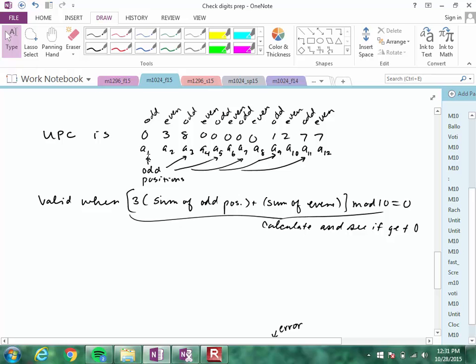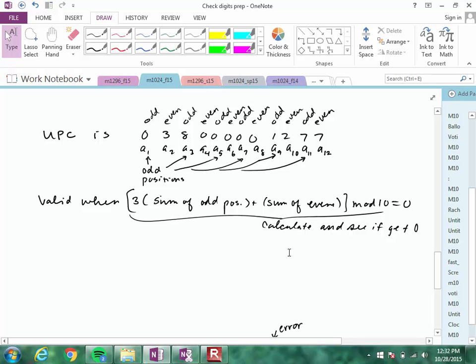It's not the odd numbers. For example, 8 is in the 3rd position here. Is 8 odd or even? 8 is an even number, but it's in the odd position because it's an a sub 3. Does that make sense? Because that's the most common mistake people make.